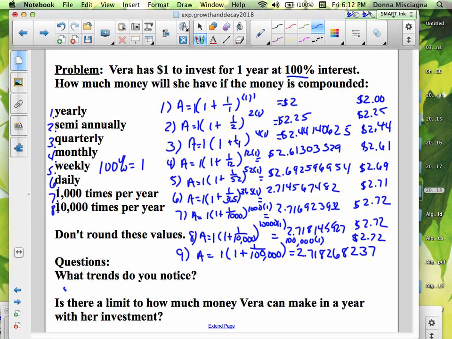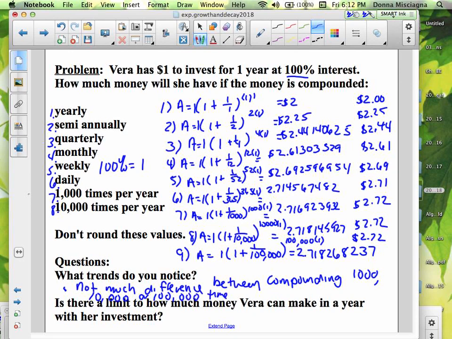So there's not much difference between compounding it 1,000 or 10,000 or 100,000 times. But this is for $1.